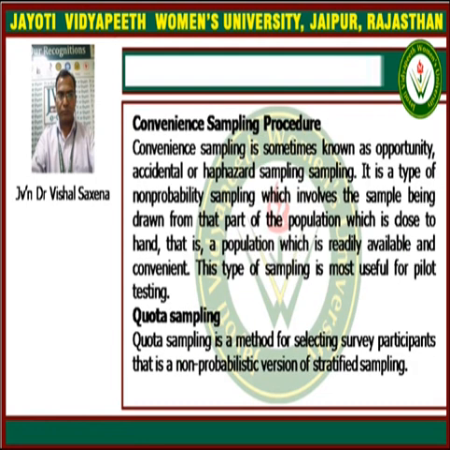Next is the convenience sampling procedure. This type of sampling is also known as opportunity, accidental or haphazard sampling, and it is a type of non-probability sampling which involves the sample being drawn from that part of the population which is close to hand, that is, a population which is readily available and convenient.